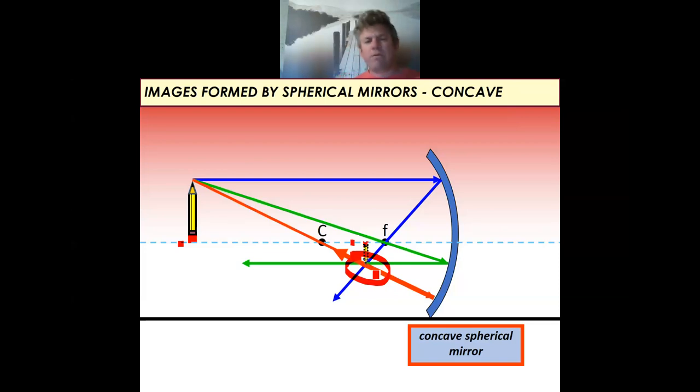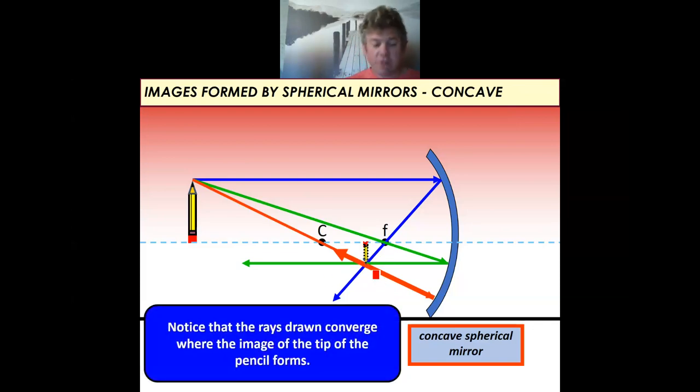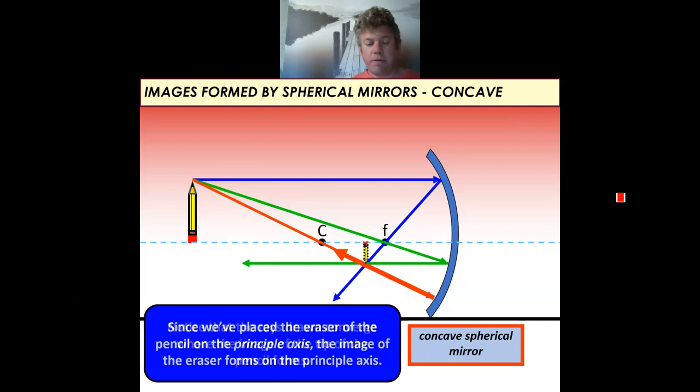Don't freak out. Find the area approximately where all three of those are going to meet. That becomes the most important part for us. So they converge where the tip of the pencil forms, like we talked about. Since we place the eraser on the principal axis, the image of the eraser forms on the principal axis.